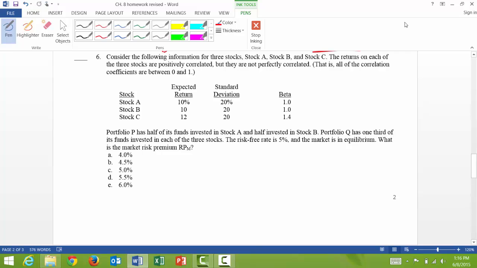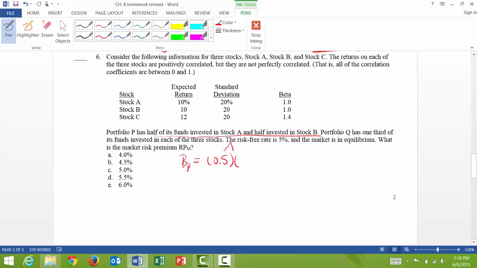So what I need to do is find the beta for one of the two portfolios, either portfolio P or portfolio Q. If I look at portfolio P, since it says half invested in A and half invested in B, that sounds like the shortest equation. So the beta for a portfolio is equal to the weight times the beta of each stock.